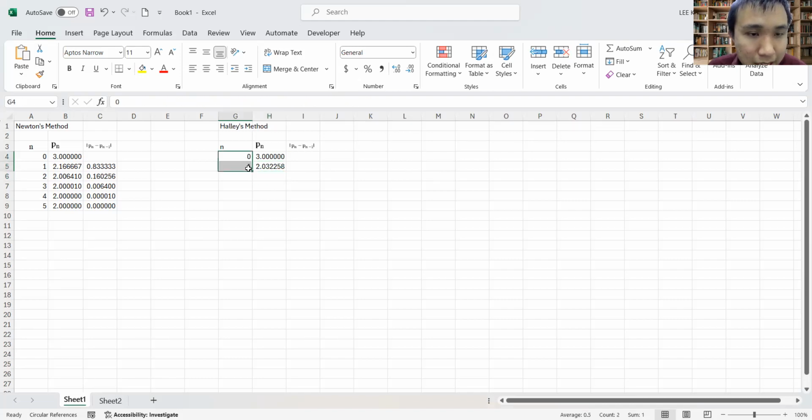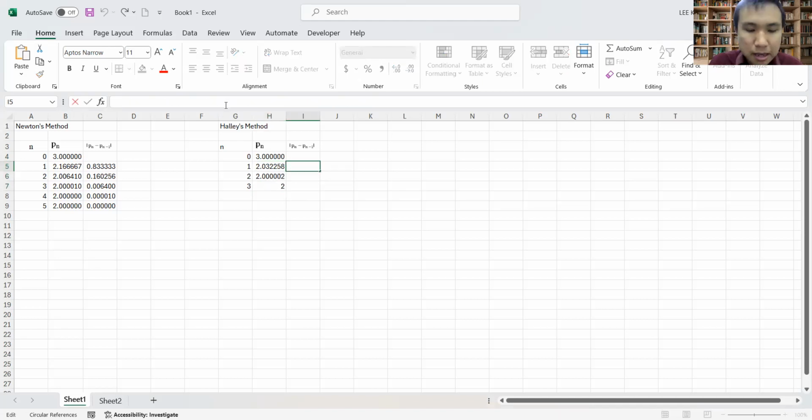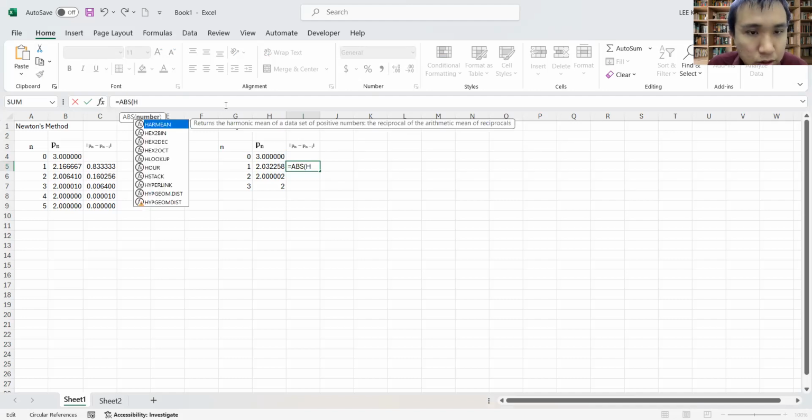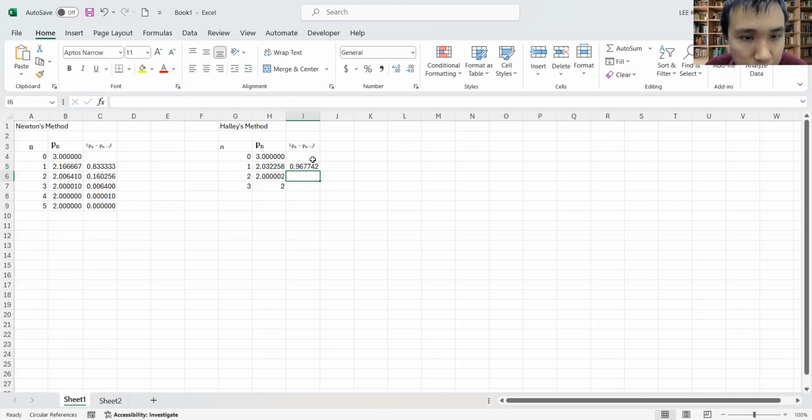And then we see what P2 is. For the stopping criterion, we use ABS of H5 minus H4, because it's row 5 of column H minus H4. Then we continue downwards.